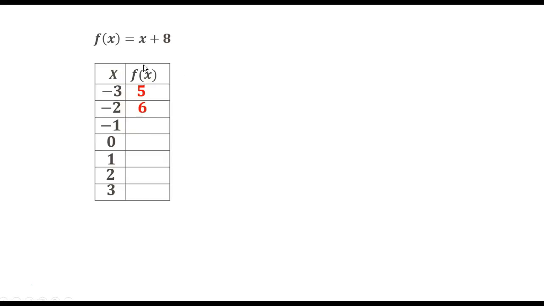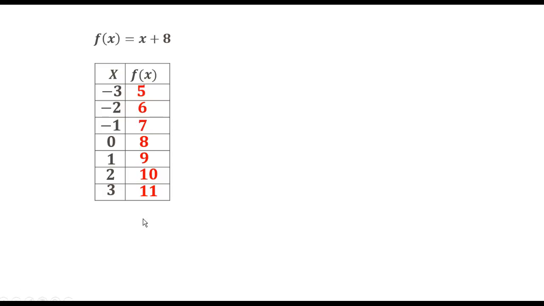Plug a -1 in, -1 plus 8 is 7. Plug a 0 in, 0 plus 8 is 8. 1 gives me a 9. 2 gives me 10. And 3 gives me 11. So I plug these x values in, and these are the corresponding y's I get.